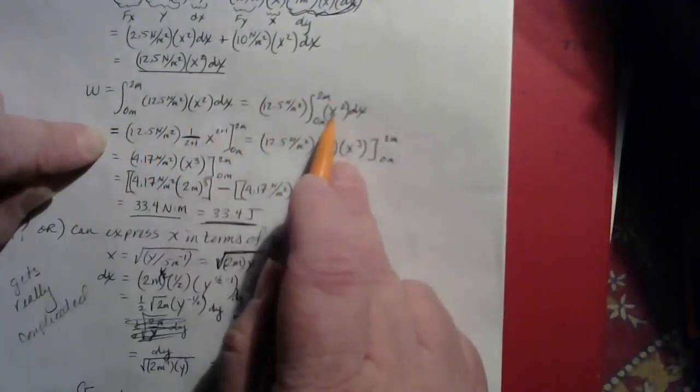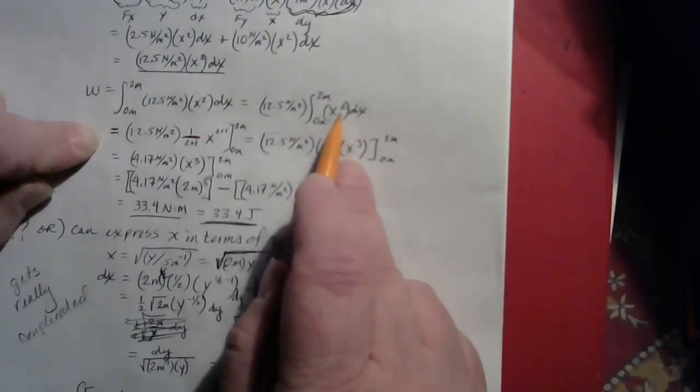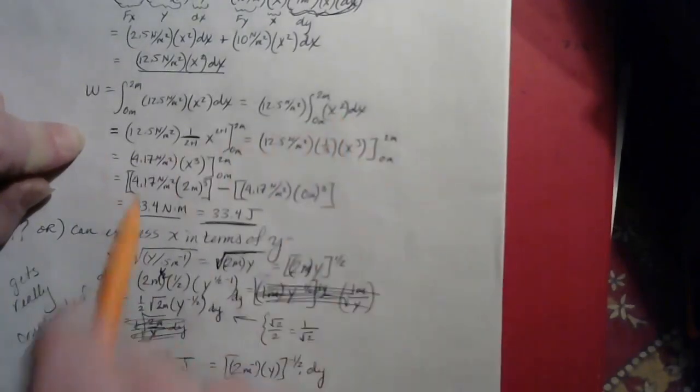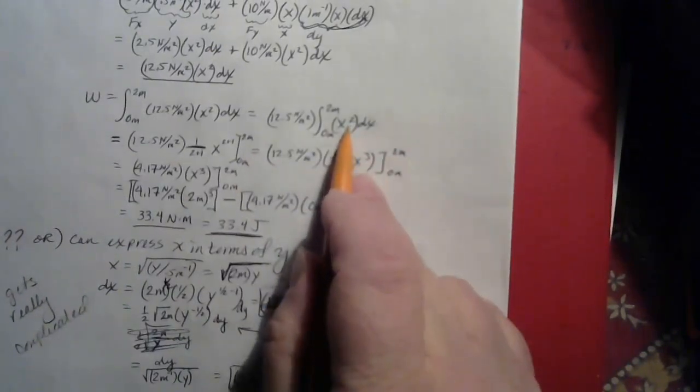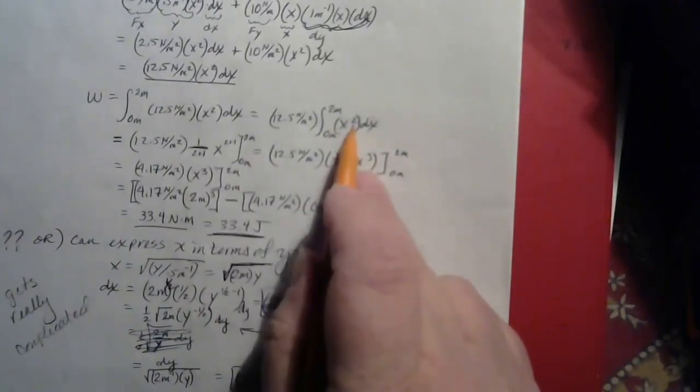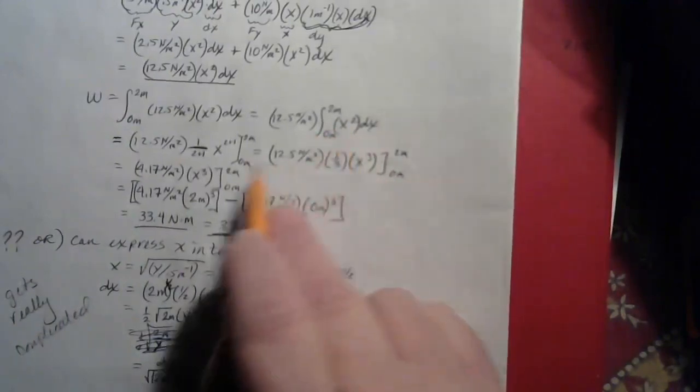When you do the integral, you raise the exponent by 1 and also divide by that number.